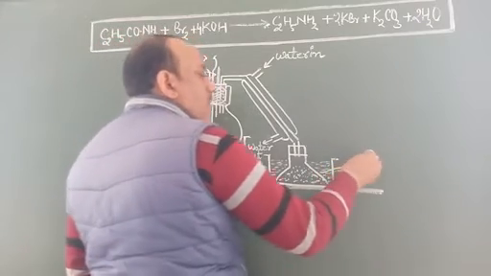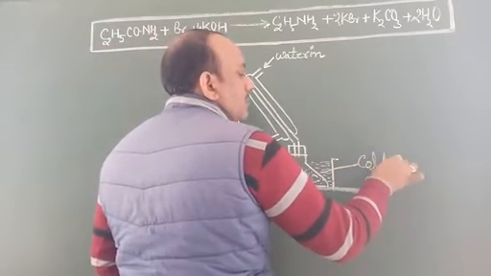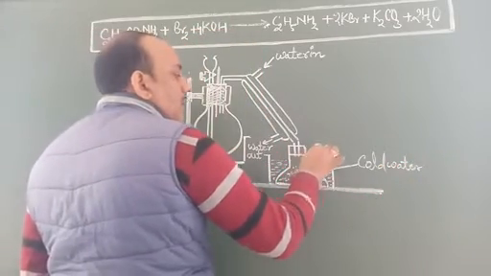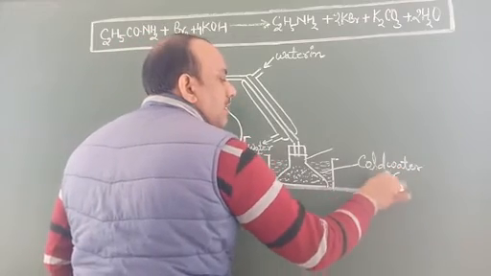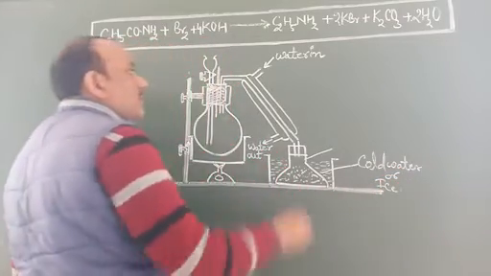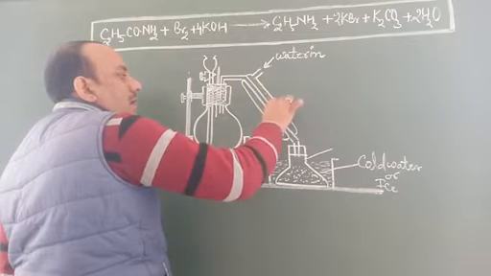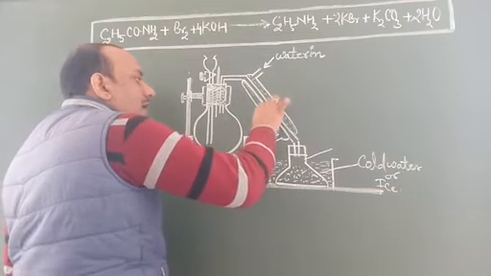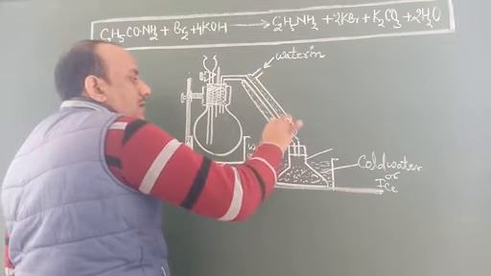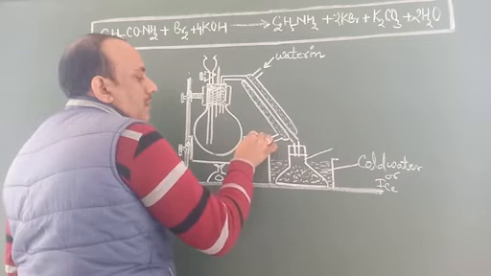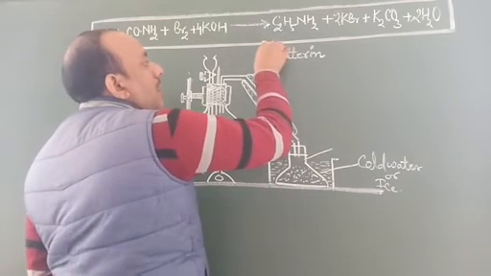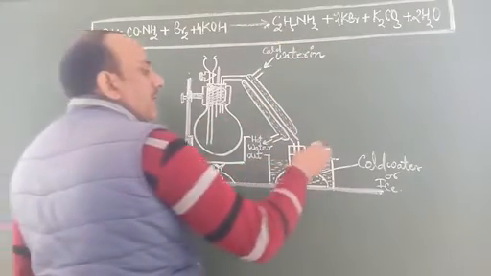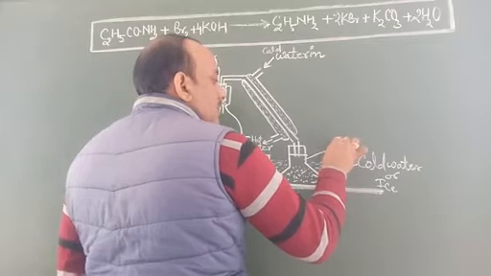Here we take cold water, and also we use ice for providing the cool temperature. Here cold water goes in and on this side hot water goes out. This equipment is known as the Liebig condenser and this is known as the receptor.